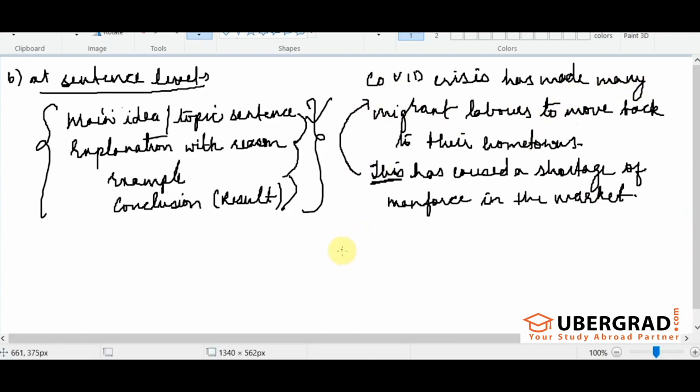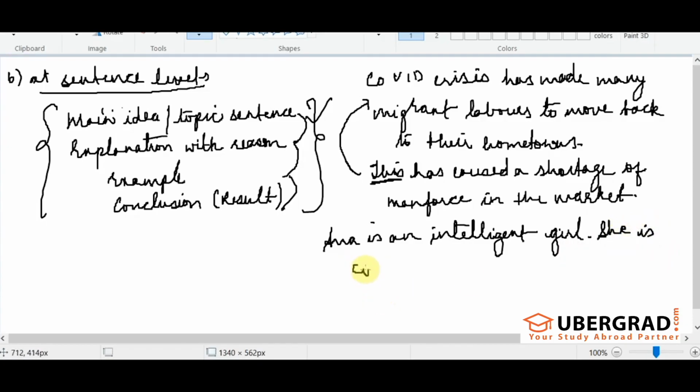Consider this point. Anna is an intelligent girl. She is considered laborious.